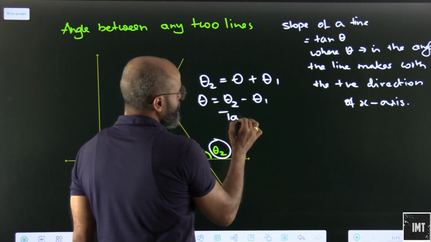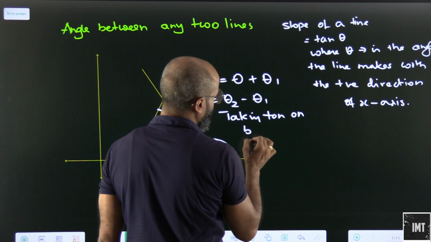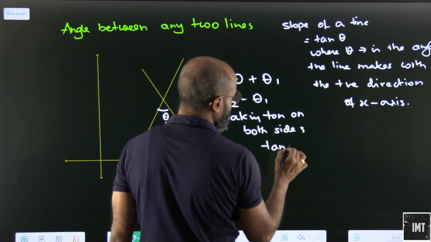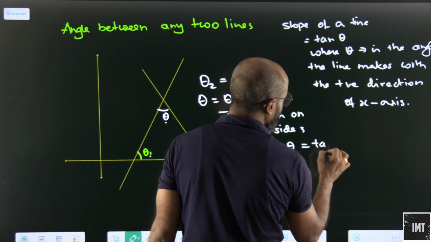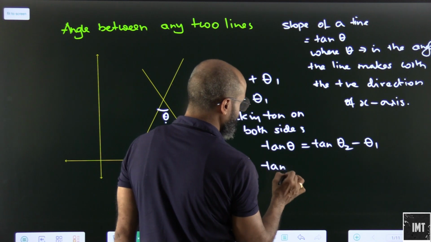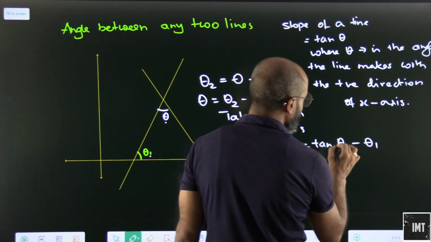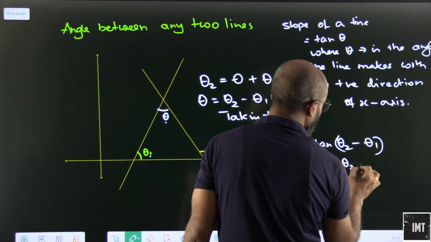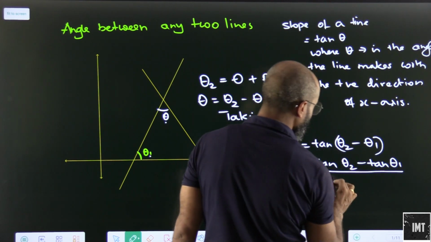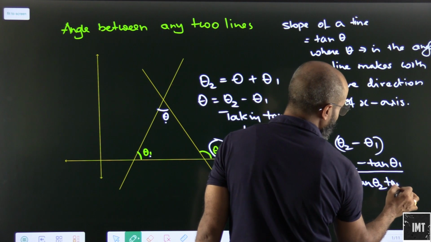Now taking tan on both sides, we will have tan theta is equal to tan (theta 2 minus theta 1), which means tan theta is equal to (tan theta 2 minus tan theta 1) upon (1 plus tan theta 2 tan theta 1).